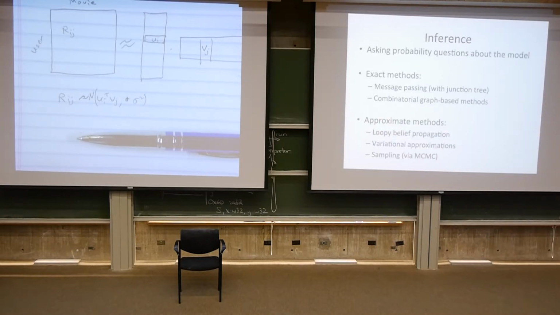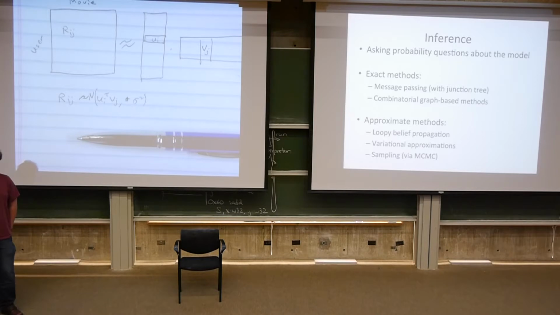So we talked a fair amount in class so far about inference in Bayes nets, where you basically want to answer some probabilistic question based on the model. You either want to say, here I have this sequence, how likely is this sequence under the model?